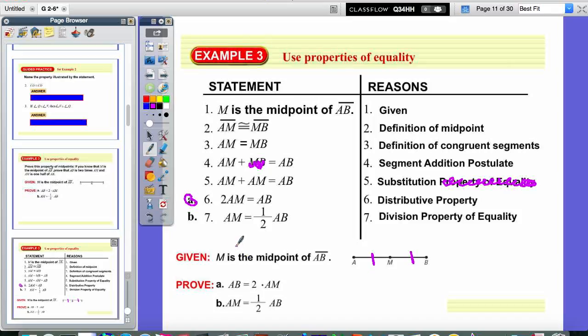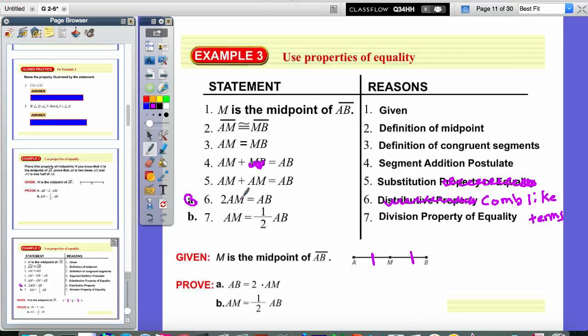Okay? Now, I also have a little bit of an issue here. You are not distributing here. So I don't like that. You are combining like terms. Okay?